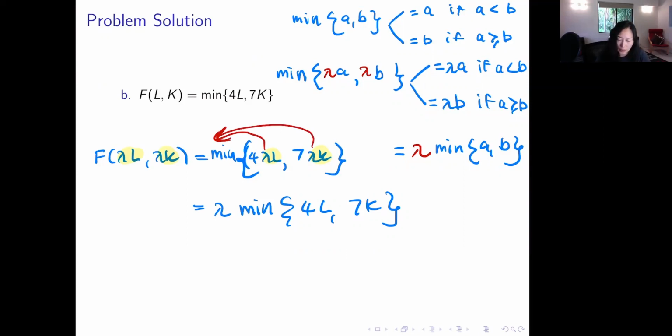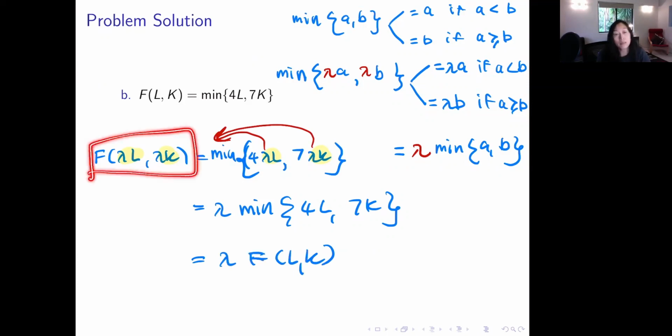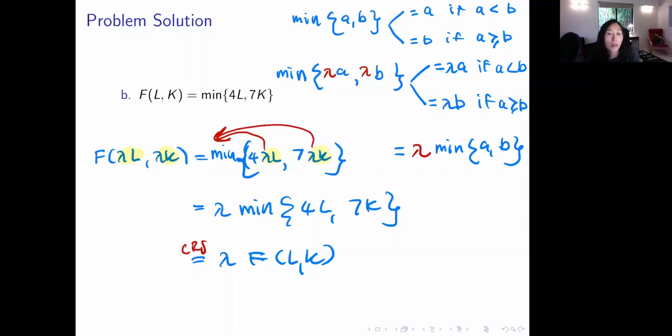So this is equal to lambda times f(L, K). You can see that if f(lambda L, lambda K) is equal to lambda times f(L, K), this function has to be constant returns to scale.